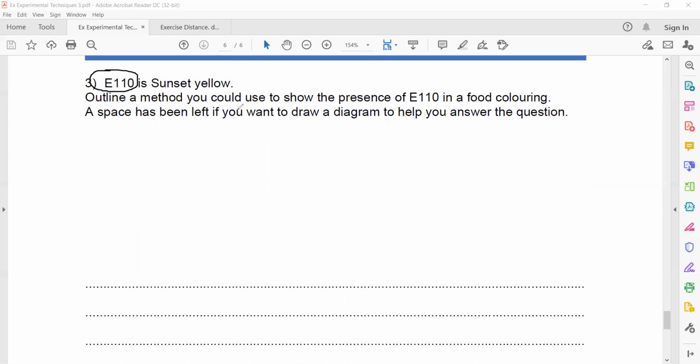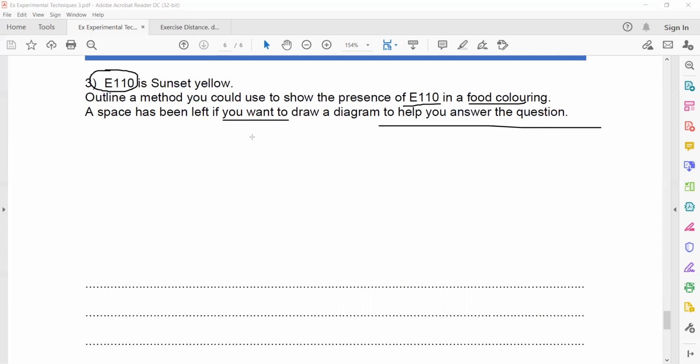So E110 is basically a sunset yellow. Outline a method you could use to show the presence of E110 in a food coloring. So there's a food coloring and you want to show that it contains E110. A space has been left if you want to draw a diagram to help you answer the question. So you can draw a diagram if you want.